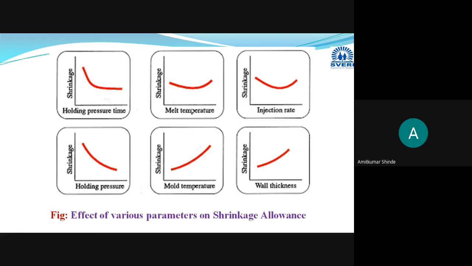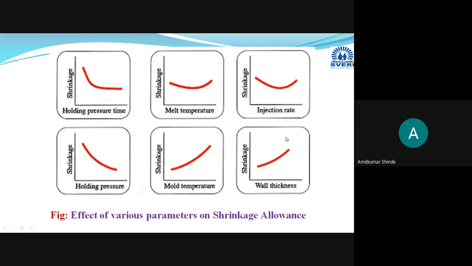That's why you have to provide more shrinkage allowance. Then wall thickness. As the wall thickness of the plastic part increases, you have to provide more shrinkage value. As the part becomes thicker and thicker, the shrinkage allowance value will be more.